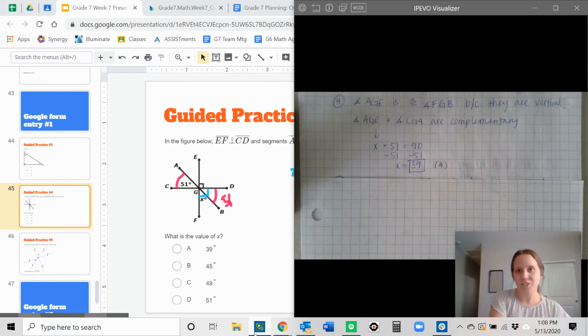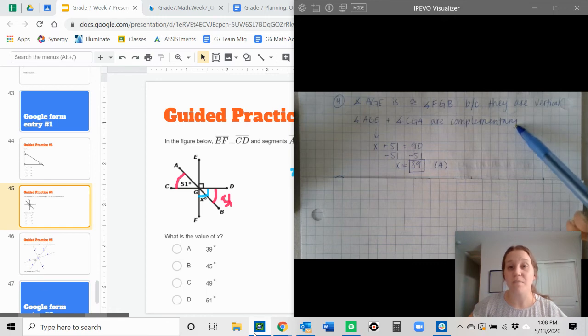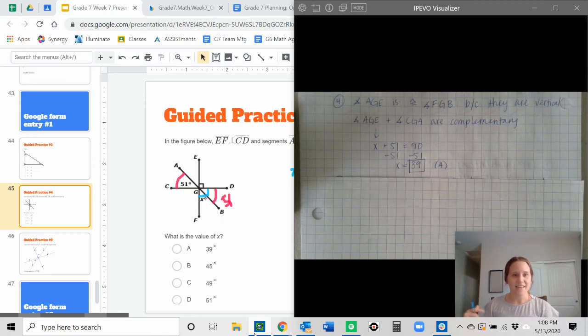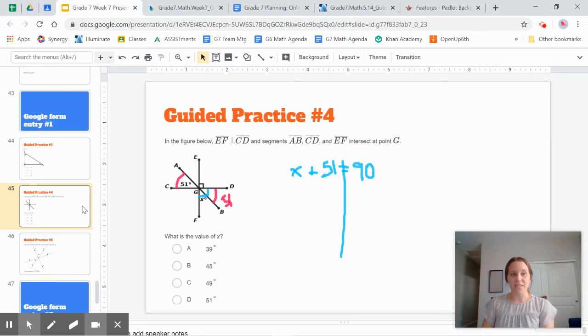I just jotted down, when I did this ahead of time, my vertical angles and complementary angles that I used to find the value of x. But here's that equation. I got x is 39. That was answer choice A. Awesome, let's try another one.